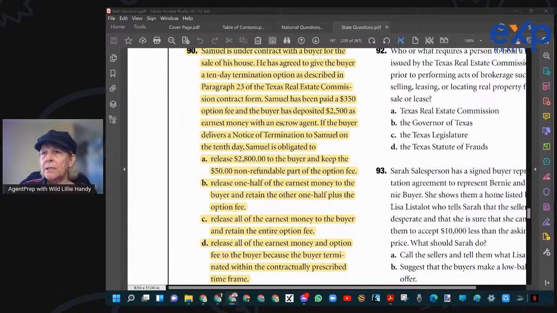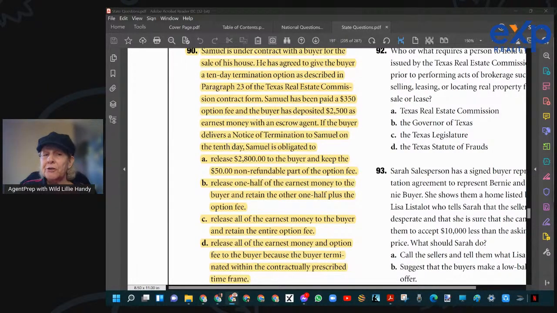We're on question 90. Okay, all of you rethink this. All of you have typed the incorrect answer, so please rethink this. What happens to the earnest money? What happens to the option fee?